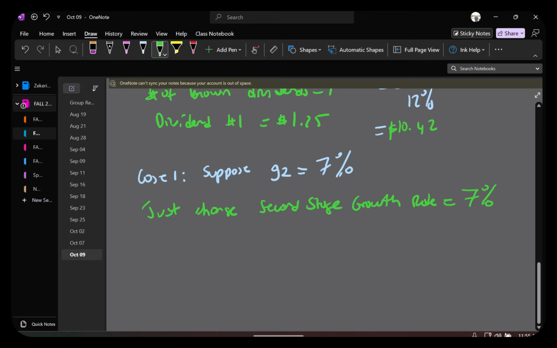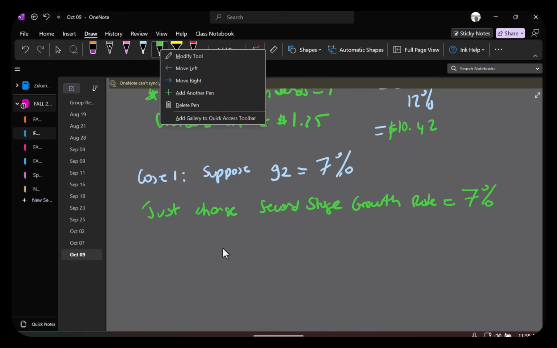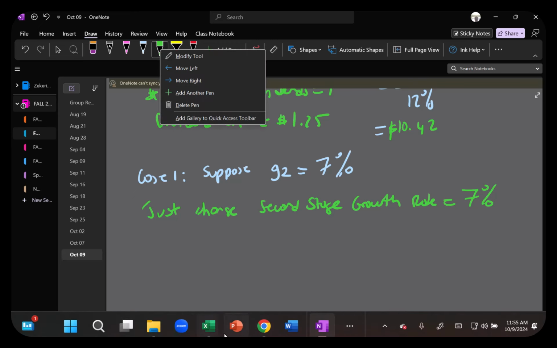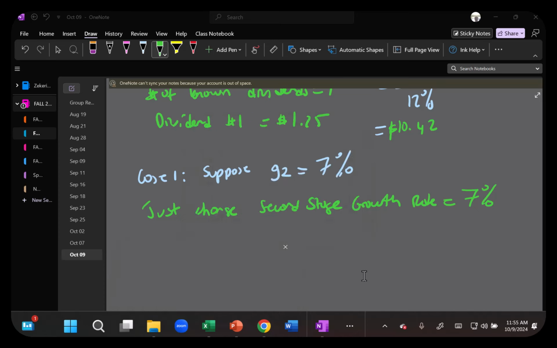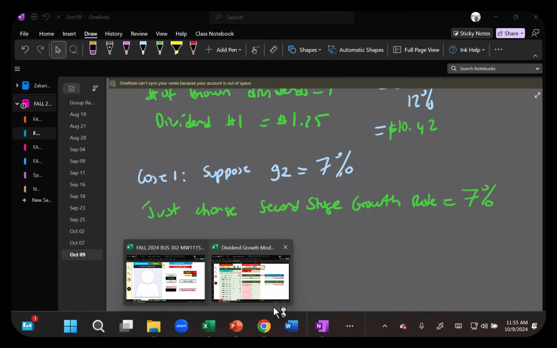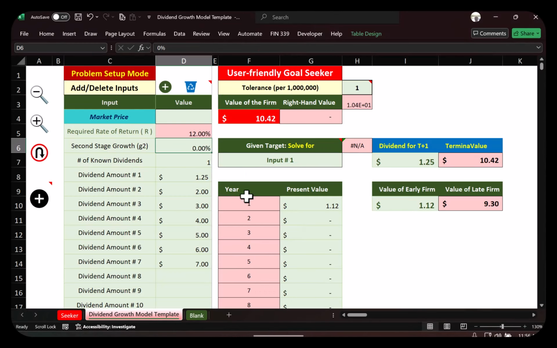All of our other inputs are same. I know the first dividend, so T is 1, and R is still 12%. Just change the second stage growth to 7 and total value of the firm 25. I picked 7 on purpose.